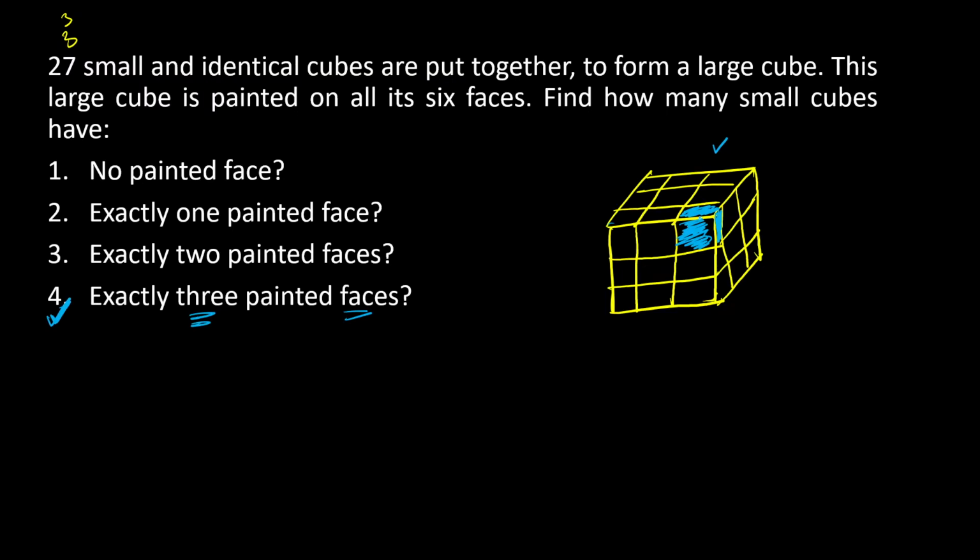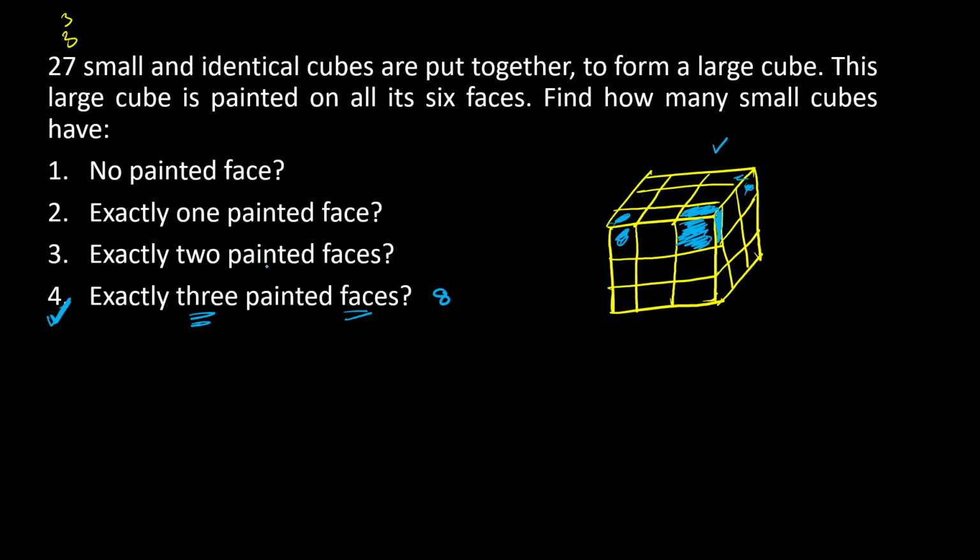And this takes place only when the cube is kept at the corner. How many such cubes that we observe? One at each corner. So you will observe such a cube on this corner as well, at this corner as well. So you will find 8 such cubes. One at each corner, you will find 8 such cubes. So answer for the fourth one, exactly 3 painted faces, is 8.